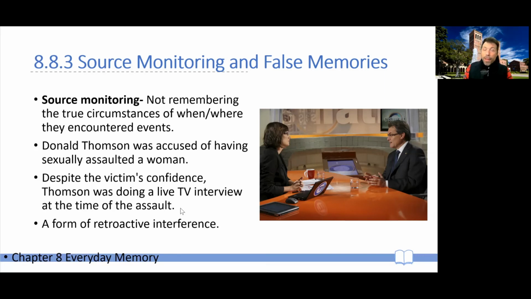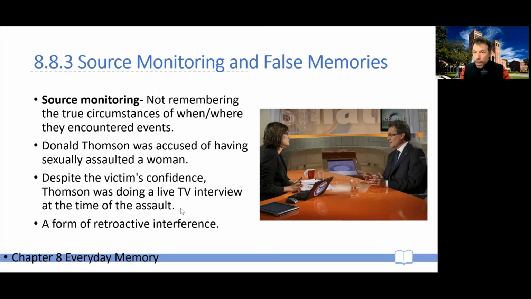However, at the very time that the assault happened, Thompson was actually on TV doing a live interview. So there was no way that he was the person who had committed that assault. However, he was on the TV. And so the act of her seeing him on TV retroactively interfered with her memory of the terrible assault that had happened. Somehow, in the process of reconstructing, it was the identity of Thompson who ended up being the assaulter.